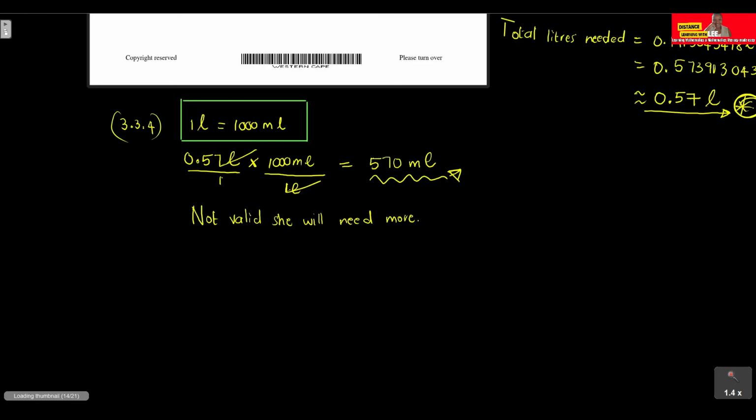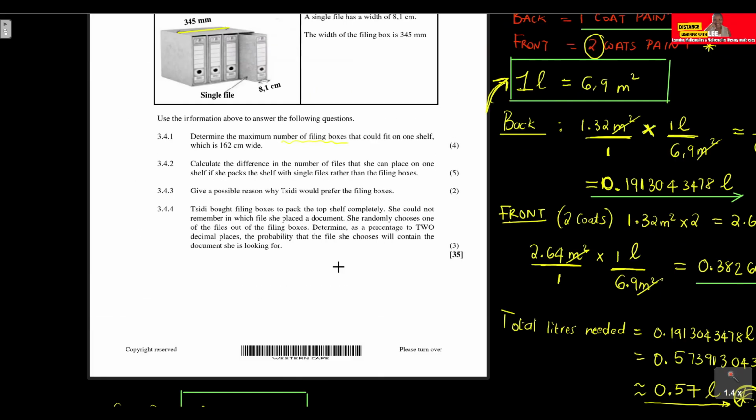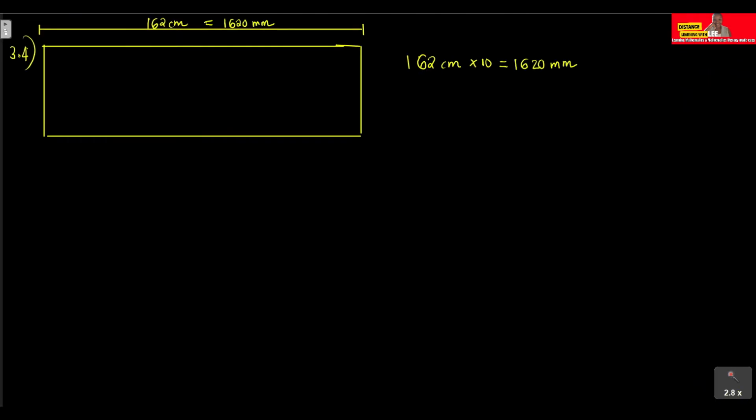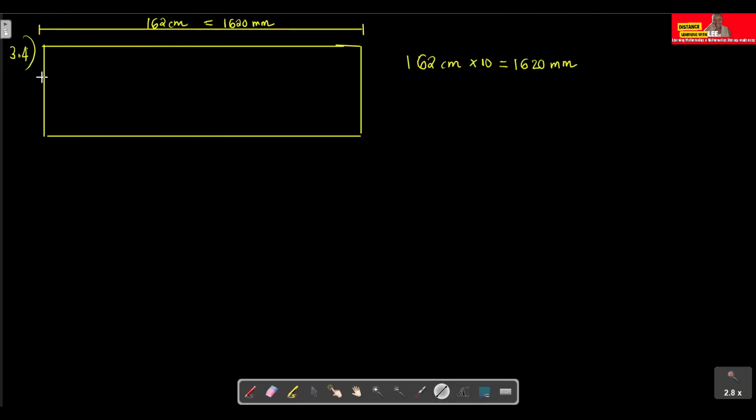So from here, we can now compare properly how many filing boxes we can fit. For example, let's say we already know that the length of one filing box is 345. If the length is 345 for one, how many can we fit into this bookshelf?